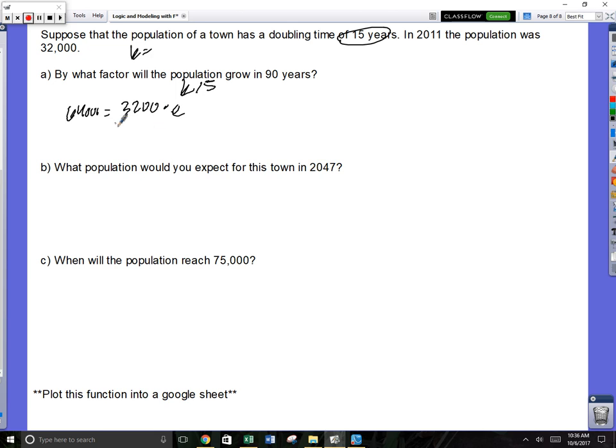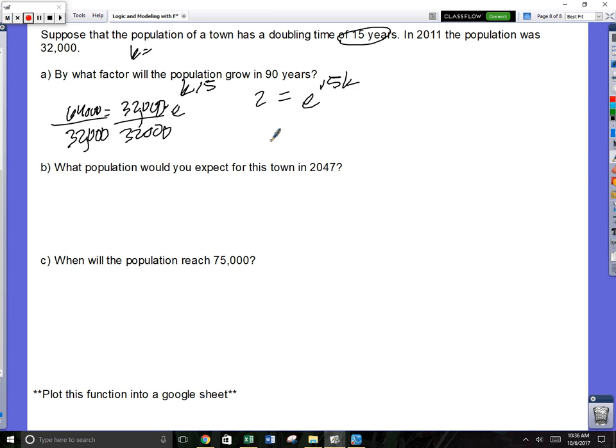So if I divide by 32 grand, 64 grand over 32 grand, I've got 2 equals e to the 15k.